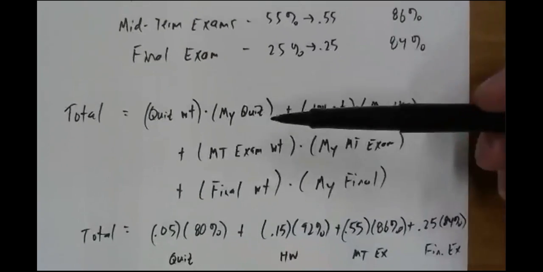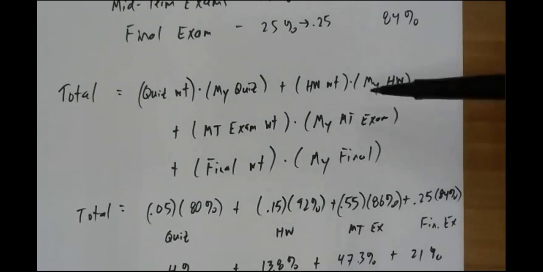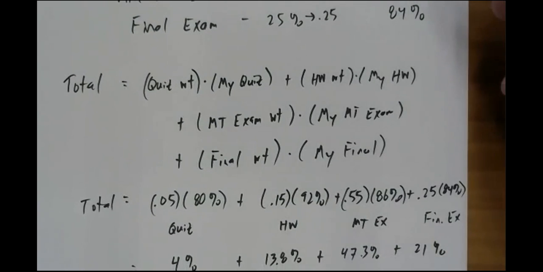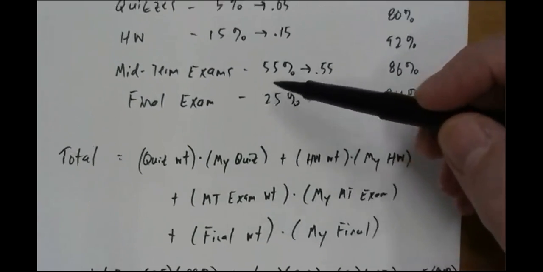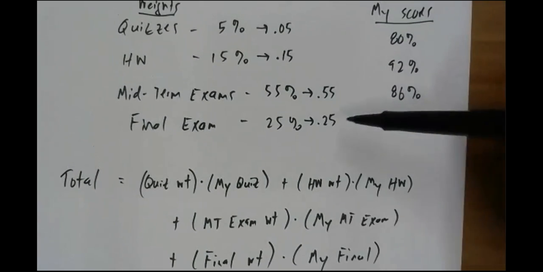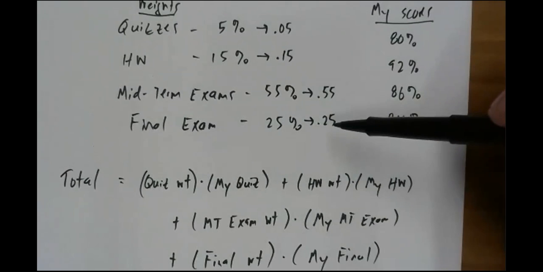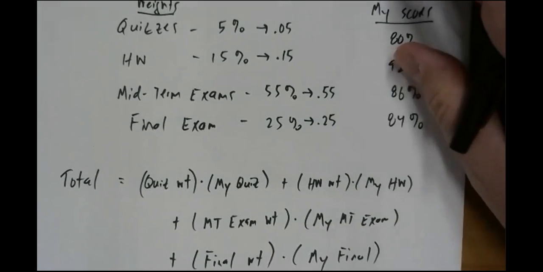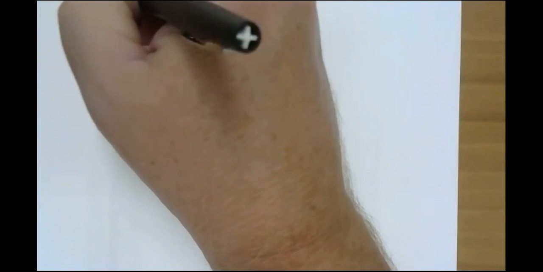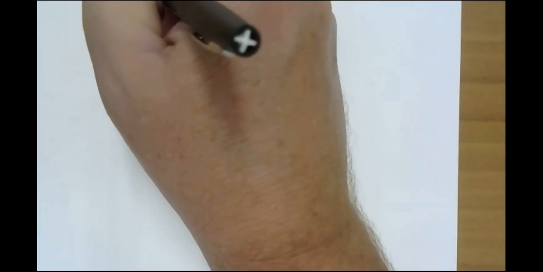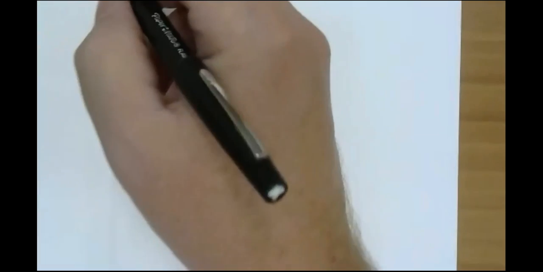Well, now that we've gone over this formula, how could we answer that question? Let's pretend I'm going to use these same scores, but assume I have not completed the final exam. So let me rewrite my scores here. Pretend the only thing we have left in the class is to take the final exam.